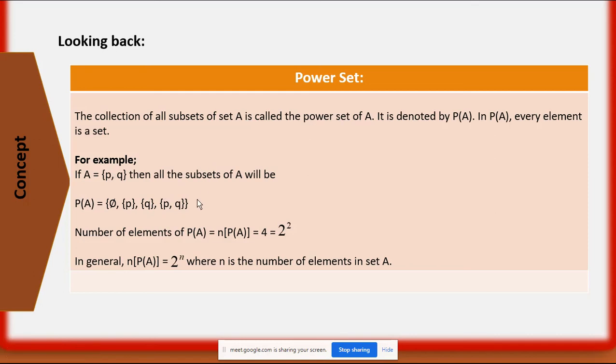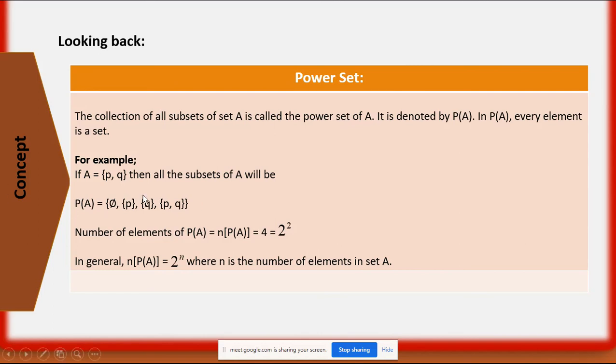Please stop your chatting unnecessarily. I am observing. The possible subsets of set A are phi, P, Q and PQ. Here are 4 elements.